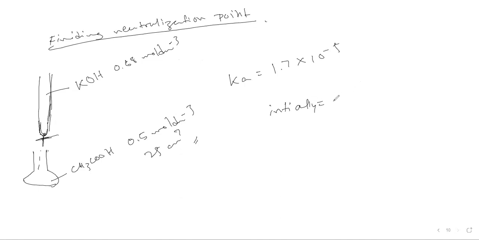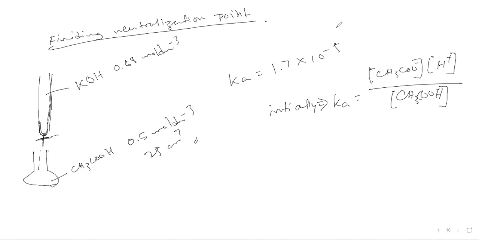So if we try to find the initial part, initially what do we know? Initially Ka equals CH3COO minus times H plus divided by CH3COOH. How do we know that? Because obviously, from the dissociation equation, we know the reversible reaction gives CH3COO minus plus H plus, all of them aqueous.